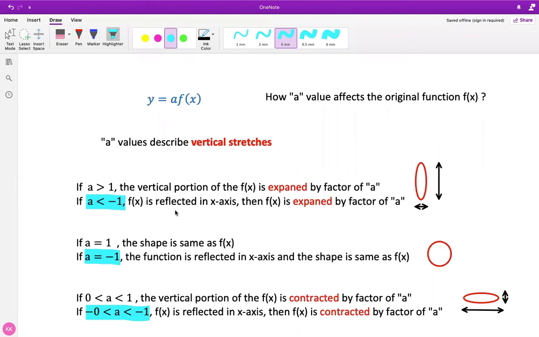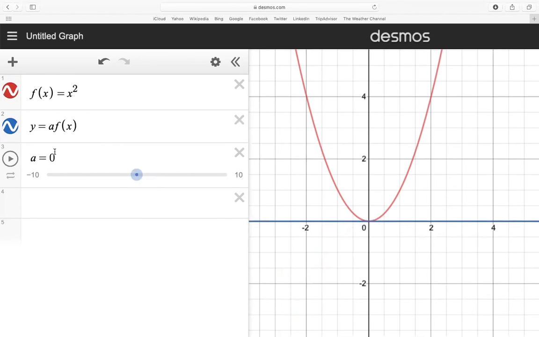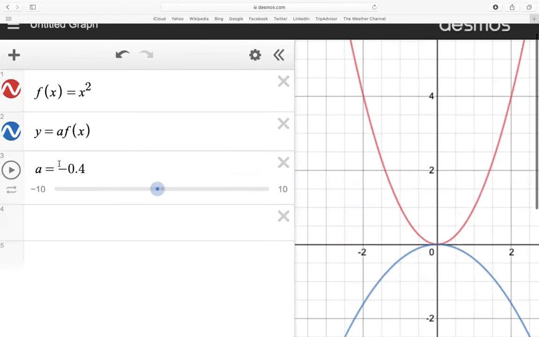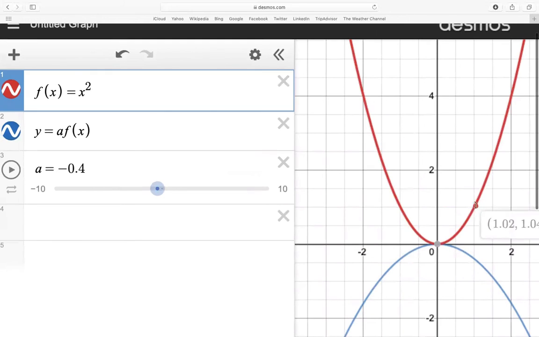Next, I will investigate how a negative a value affects the original function f of x. Let's start with a equals 0. When a equals 0, the blue curve disappears. If I move to the left, the a value becomes negative, and you will see that the negative sign is outside the function, which tells me that the original function is being reflected in the x-axis.